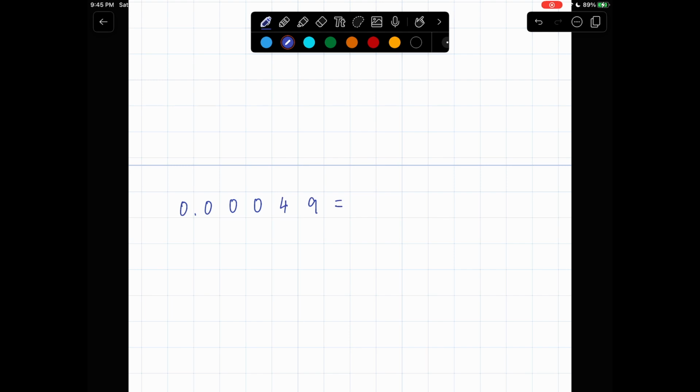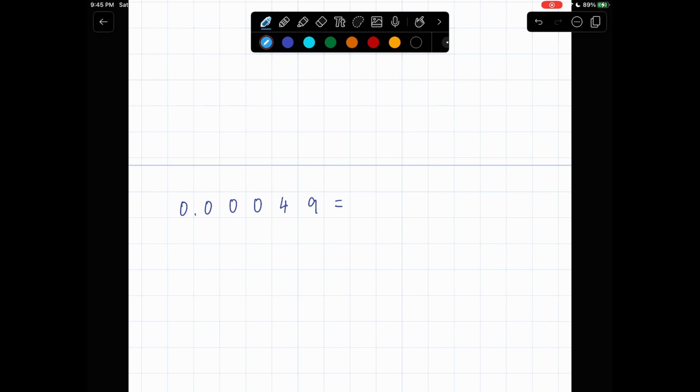So 1, 2, 3. What you would do is see how many decimal places the point has to move in order for you to get a number that is more than 1 and less than 10.